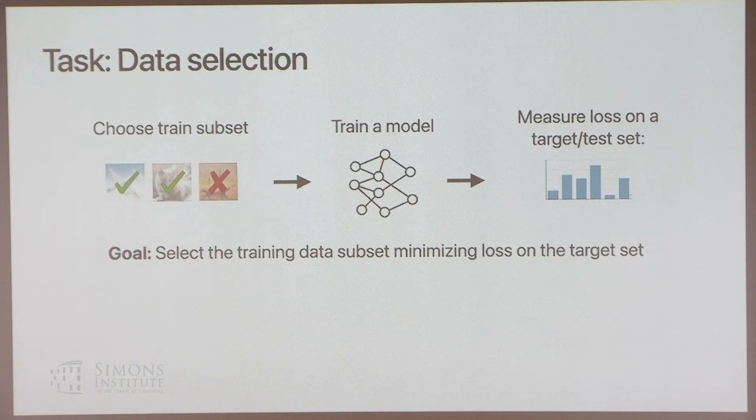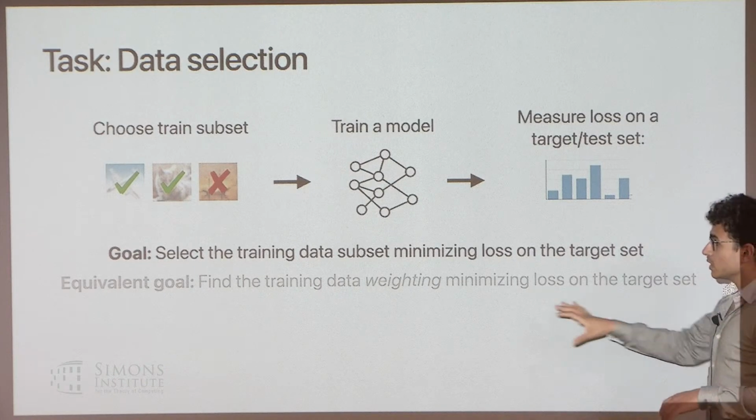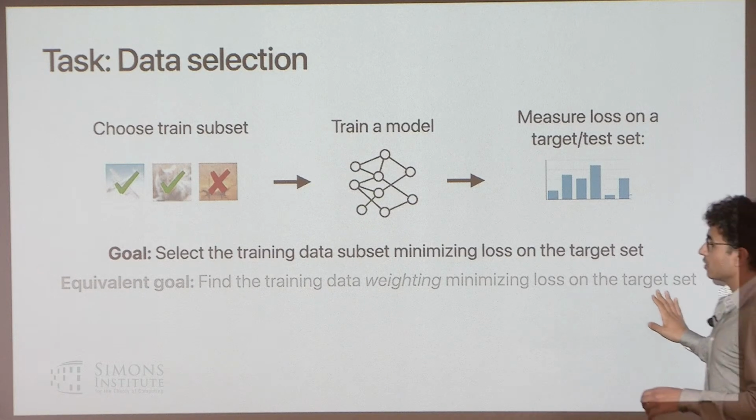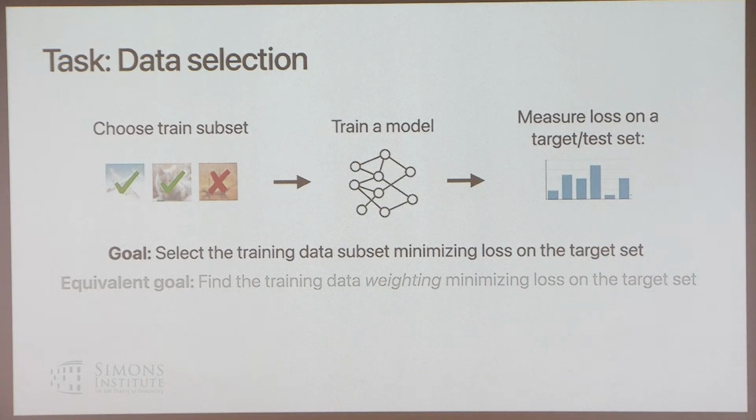We want to find a good training data set for this target task. An equivalent way to think about this, and one point that was made in a talk yesterday, is that we want to find the weighting of the training data points that's going to minimize the loss on some target task.